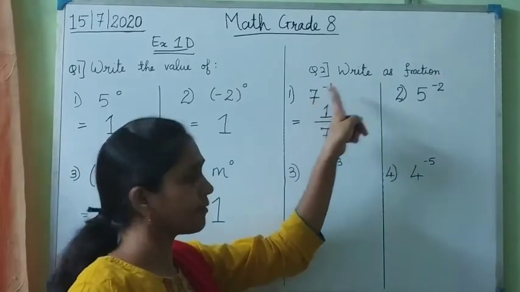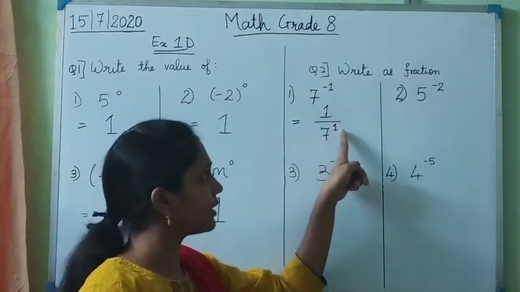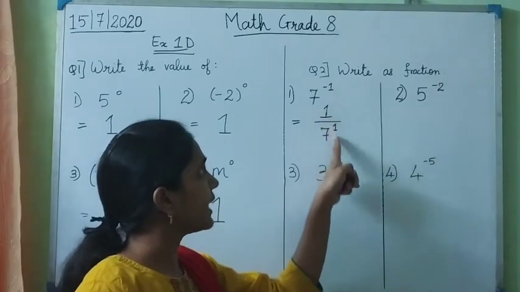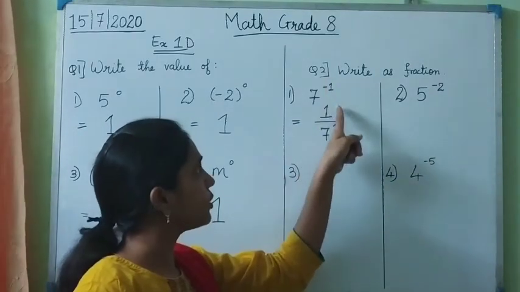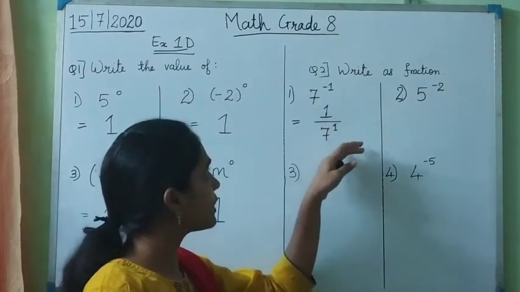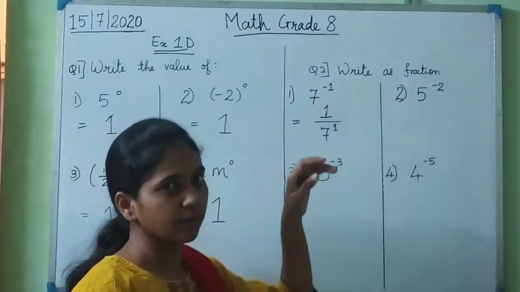Here it was in the numerator, 7 raised to -1, now it is in the denominator, its power is the same, which is 1, and only its sign has changed. First it was minus, now when we have put 1 upon the number, the sign has become positive. Okay, so this is the way we write a number which has a negative power.